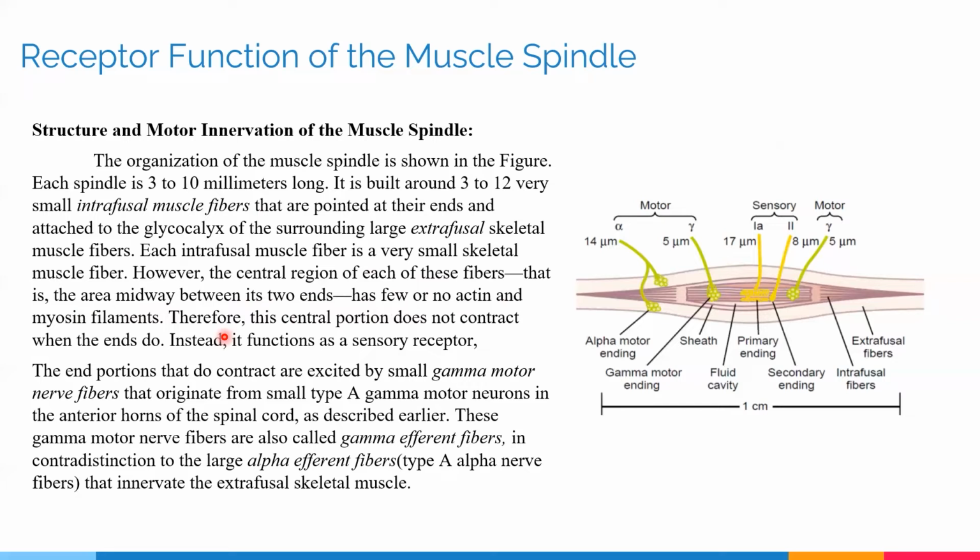And thus, without actin and myosin filaments, this particular part of the muscle fiber obviously does not contract, because as we have already seen in muscle contraction, actin and myosin play a major role. And hence, what exactly is the function of this particular section of the intrafusal muscle fiber? Therefore, this central portion does not contract when the ends do. Instead, it functions as a sensory receptor.